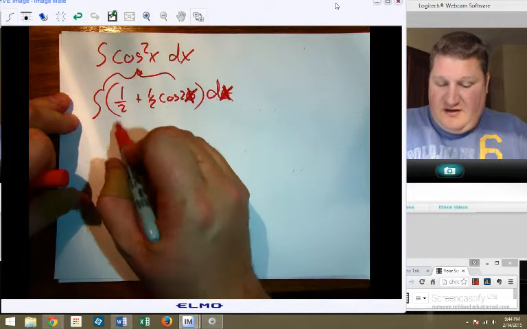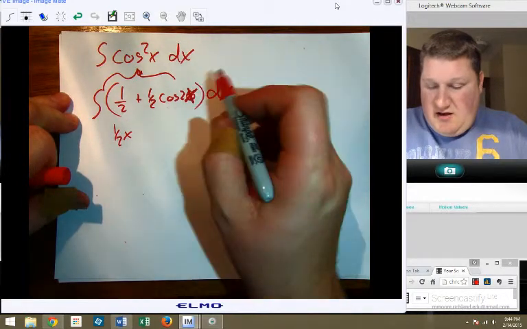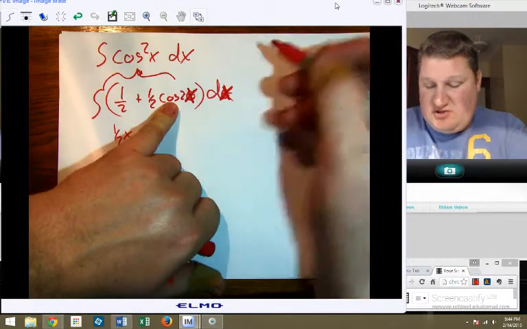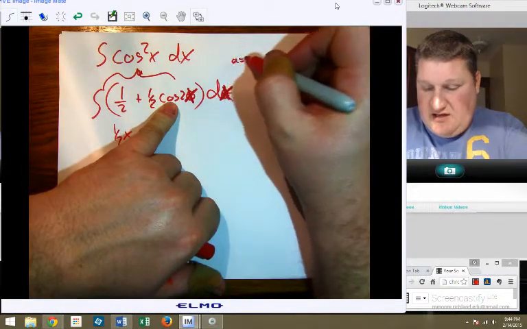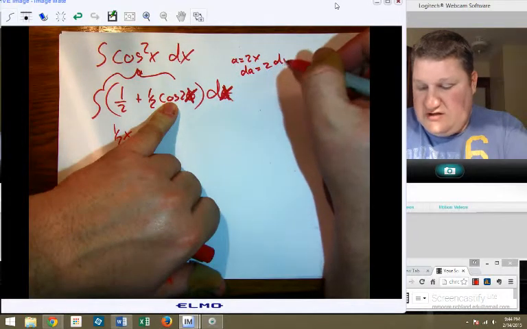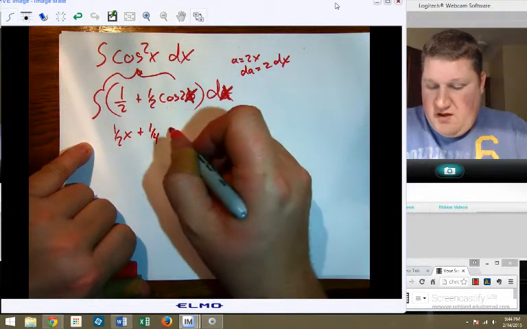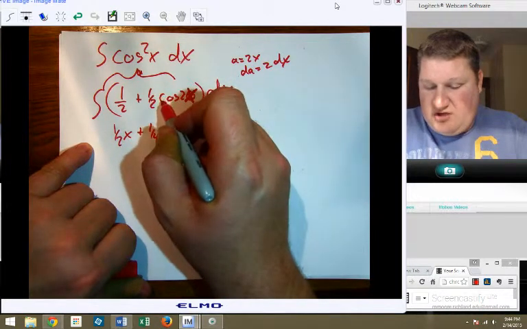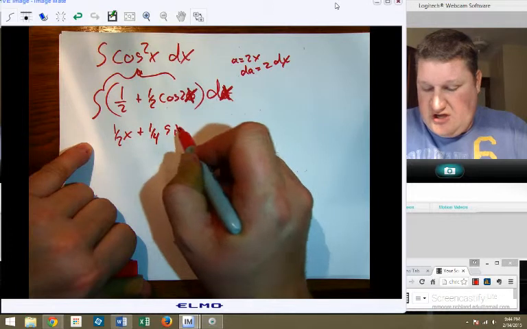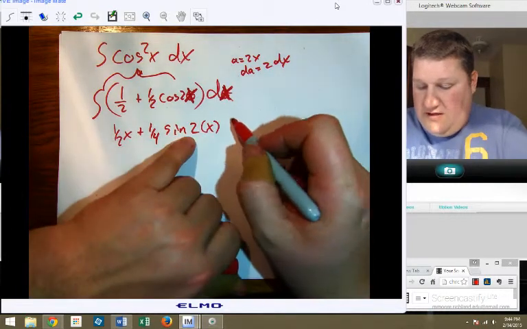And at this point, we can integrate this. We come up with 1/2 x. Now, when we integrate cosine 2x, you say a equals 2x, da equals 2 dx. So we need a 1/2, so I get 1/4. Now, cosine goes to sine of 2x plus c.